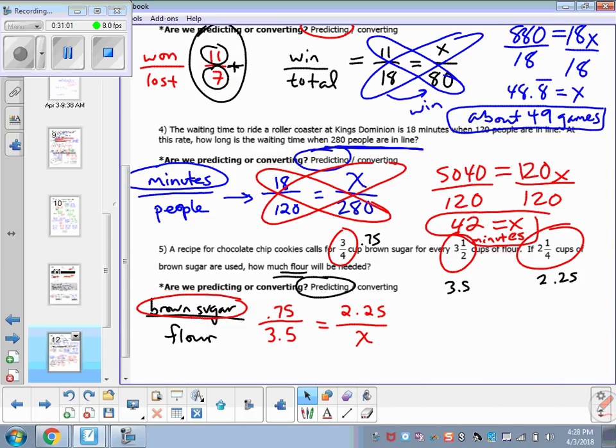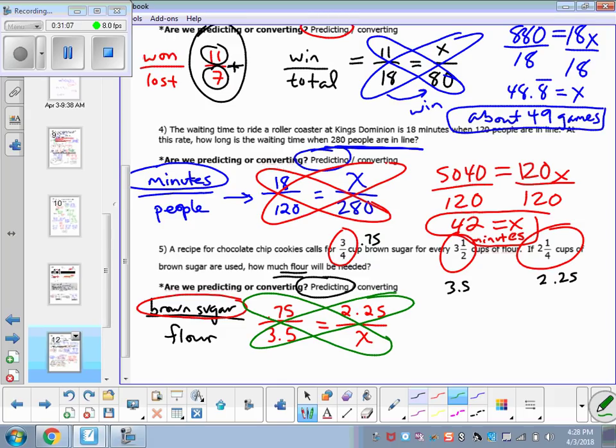All right, so now in red we finally have our proportion, and in green let's cross multiply and divide. So take your calculators, you're going to multiply that 3.5 times the 2.25 and get 7.875, and now we're going to be dividing both sides by 0.75.